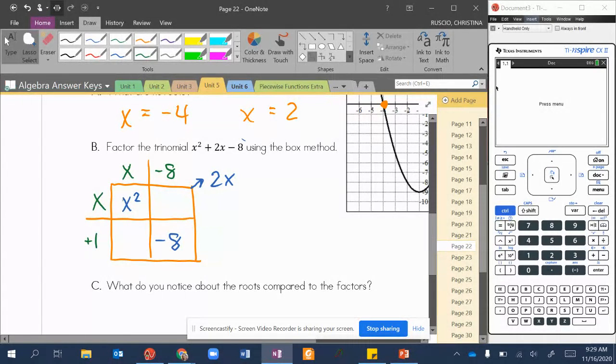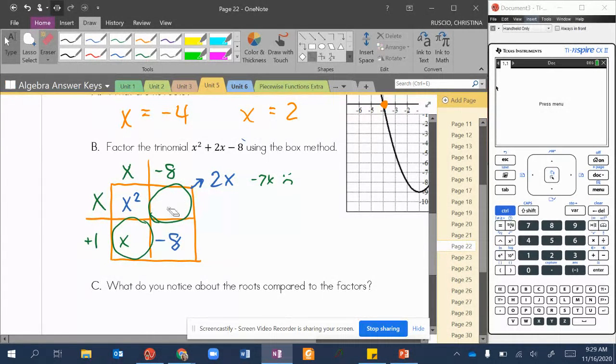Yay, we're done. So let's just make a quick little checkaroo with these two boxes here. We have to make sure that these two add to the 2x, and I get 1x minus 8x. Oh no. Well, that's not right. That's a 1x and a minus 8x. It's a negative 7x. That's not a 2x, so we're sad.